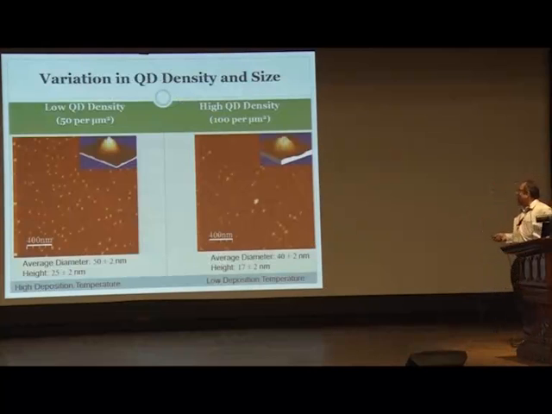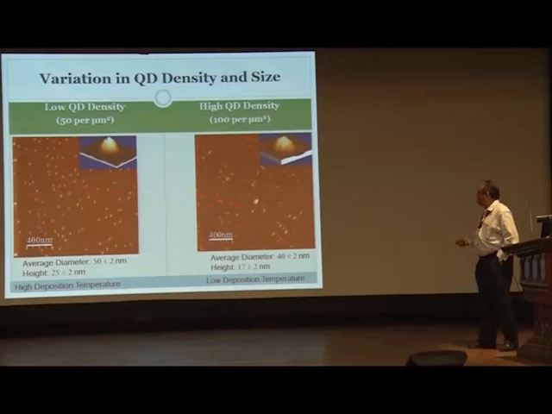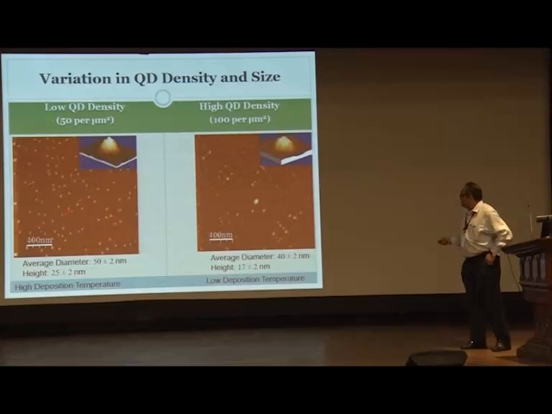And so our sample, the first sample which we studied with this technique, is a variation of quantum dot density on the same substrate, because that is very important to understand how the composition changes simply by changing the growth mechanism under identical conditions.